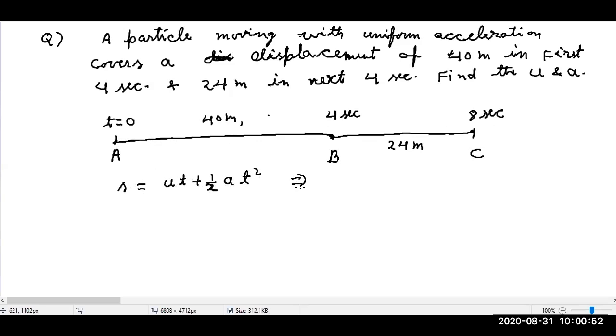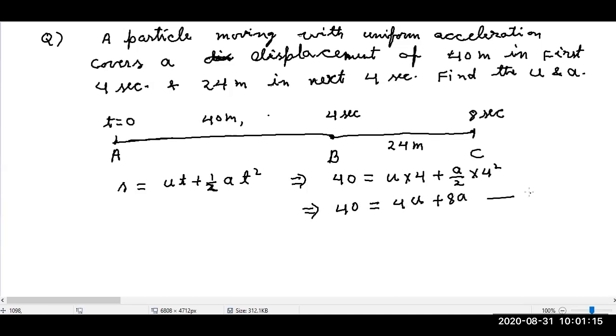For the first part, S equals 40, U is not given, time is 4 seconds. So 40 equals 4U plus 8A. This is equation 1.